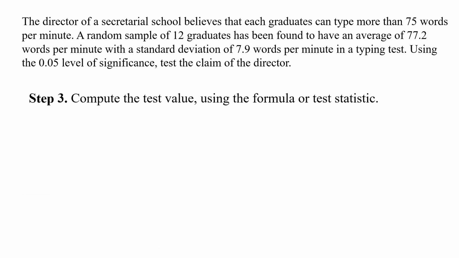So, next step, we need to compute the test value. Gagamitin ulit natin na formula is ito. T is equal to sample mean minus the population mean times the square root of n all over the standard deviation. Alamin muna natin yung mga given. Yung ating population mean is 75.